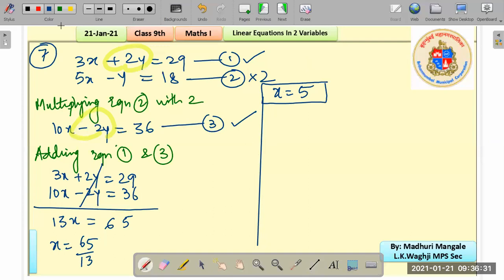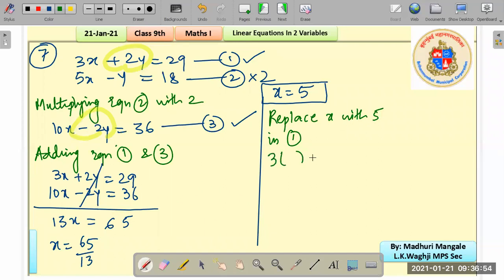Correct? So the last step now: replace this value of x in any one of the equations. Let's say equation 1. I see the hands are raised, so I guess you already have the answer. That's great. So replace x with 5 in equation 1.